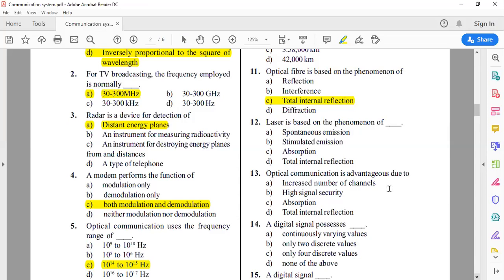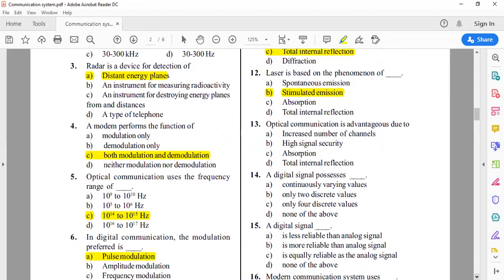Full form of laser is light amplification by stimulated emission of radiation. This laser is monochromatic, coherent, and unidirectional, and it works on stimulated emission of radiation. So what is the correct option? The correct option is stimulated emission, option number B.